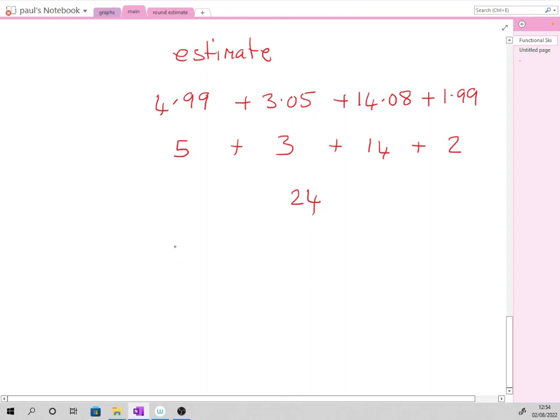If you have 103 divided by 19 and you want to estimate the answer to this, you call it 100 and call that one 20, and 100 divided by 20 is 5.